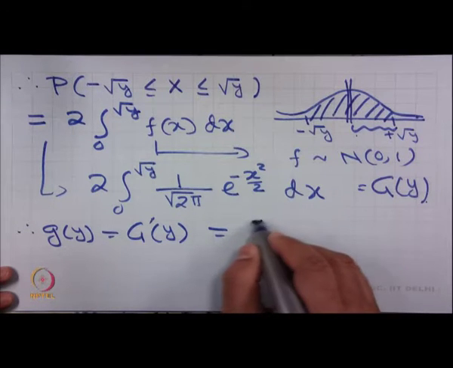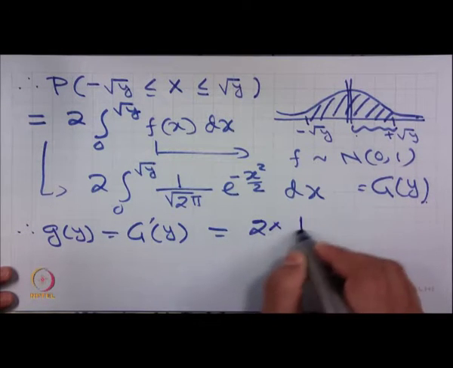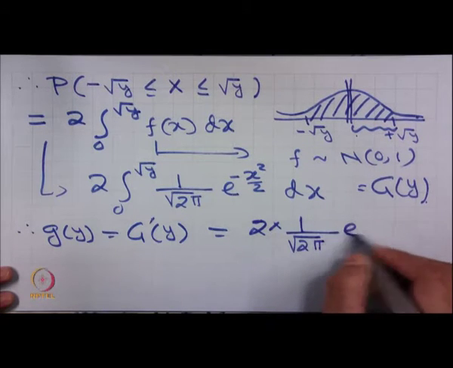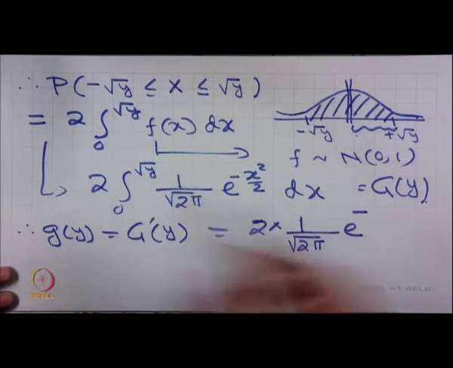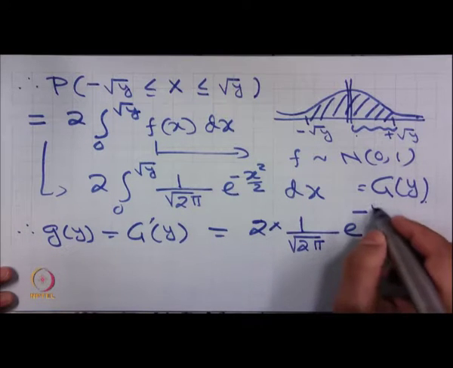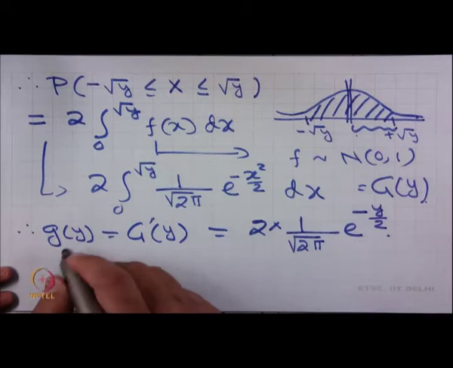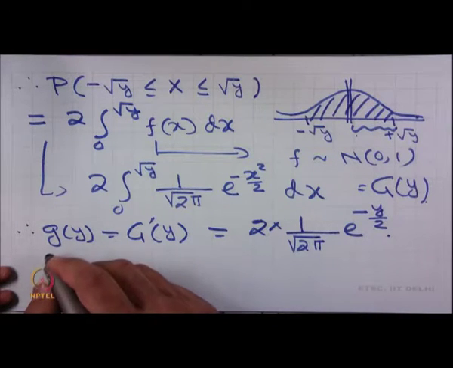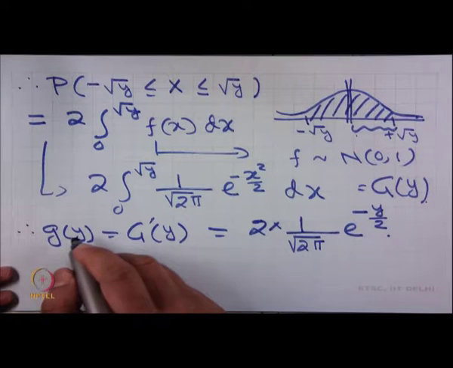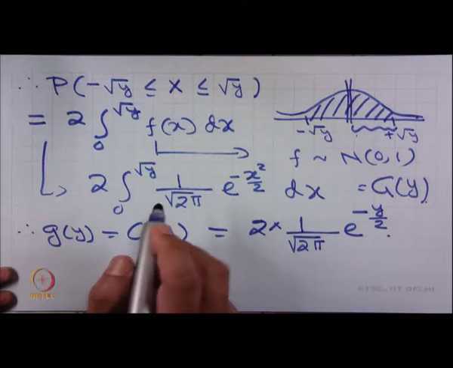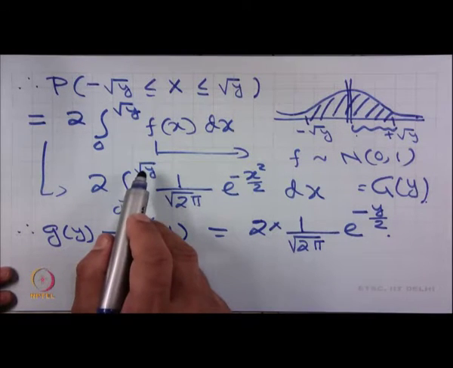So, this is 2 times 1 over root 2 pi e to the power minus root y square, that is y by 2, multiplied by d root y dy, because we know that it is dx dy expressed in terms of y, and x is equal to root y.